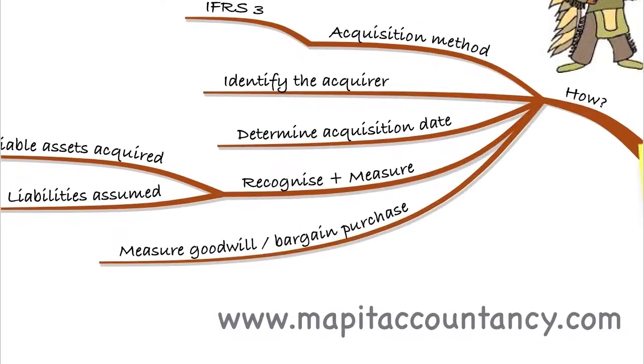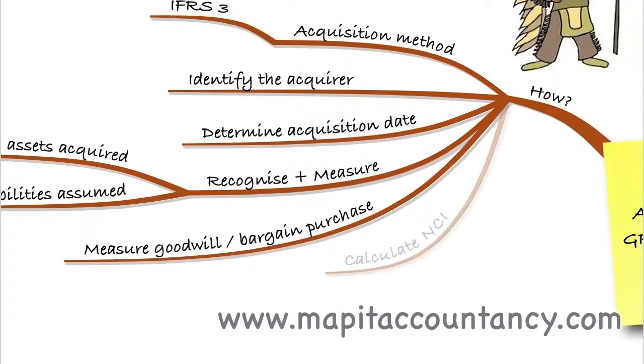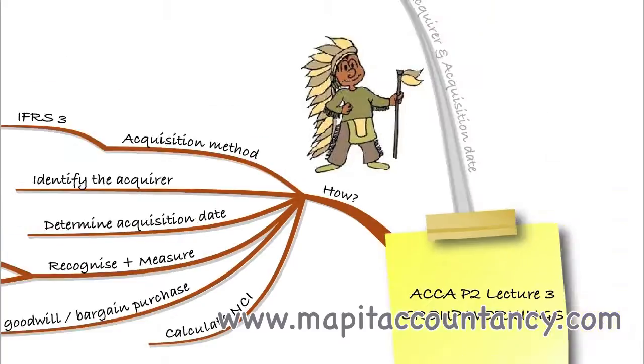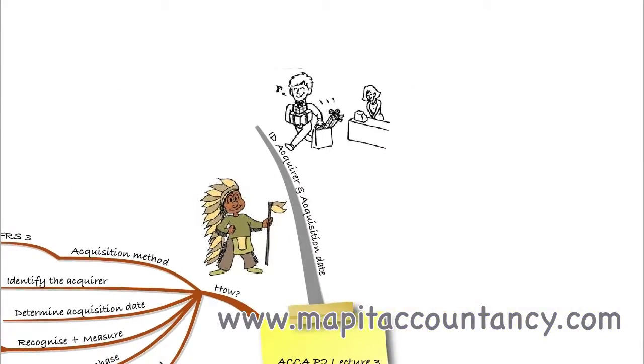We'll then measure our goodwill or bargain purchase, and we'll calculate our non-controlling interest. Lastly, we'll look at our reserves or our retained earnings, and we'll do a working for that as well.